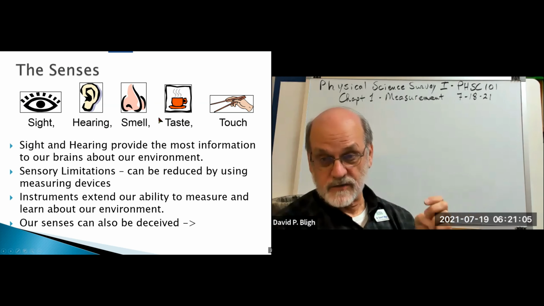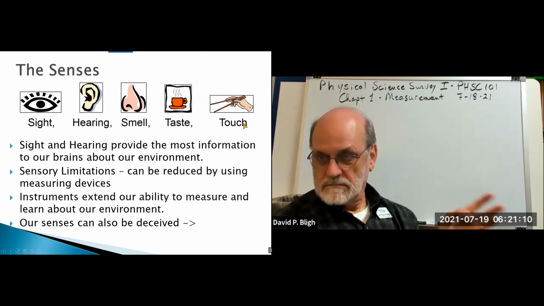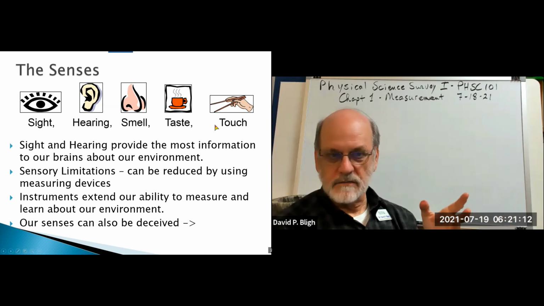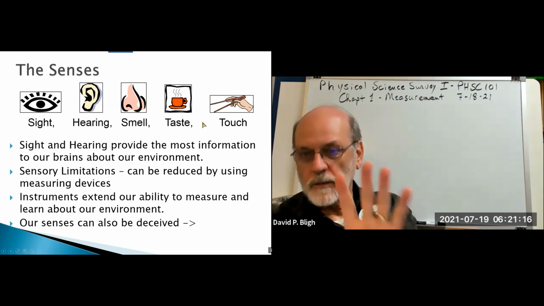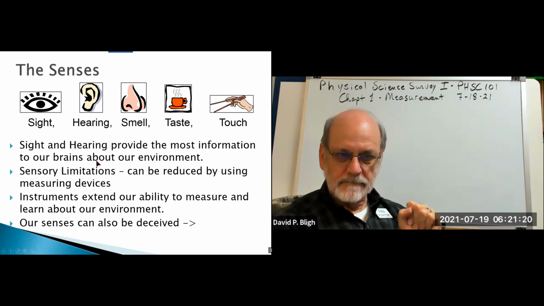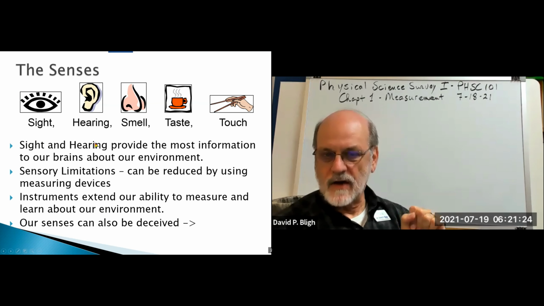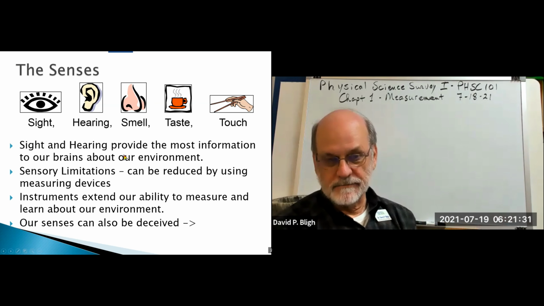Smelling something can be hazardous too. Or you can touch it. You notice perhaps that it's hot, or you can get close to it and feel warmth. But sight and sound provide most of the information that our brains gather from the environment.